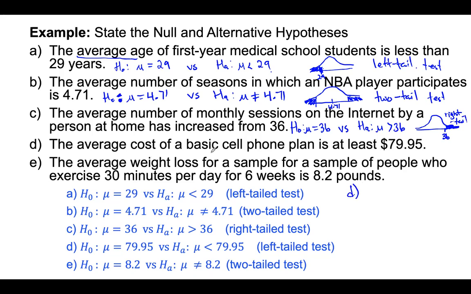The average cost of a basic cell plan is at least $79.95. So the null is, of course, equal to $79.95, versus the alternative.